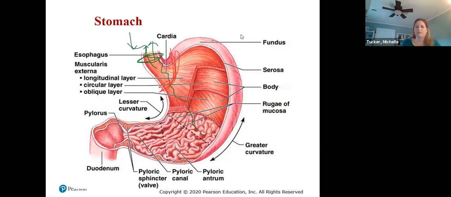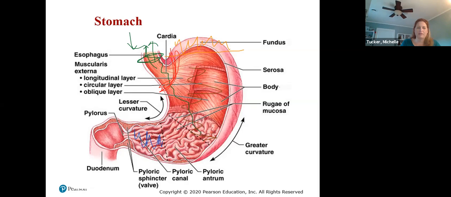There is also the fundus, the part that is above this sphincter, so this part up here. Then we have the body here, and the pylorus is going to be down in here.